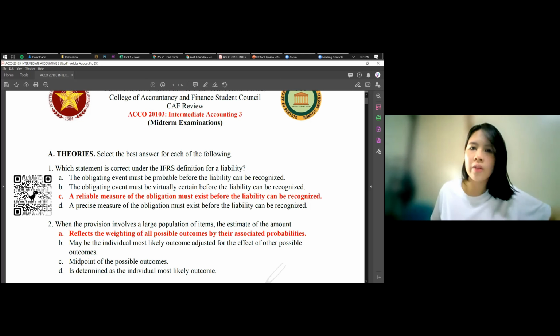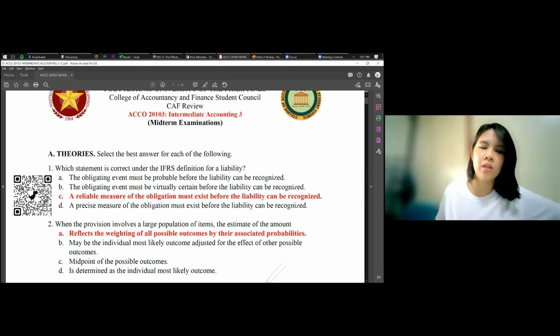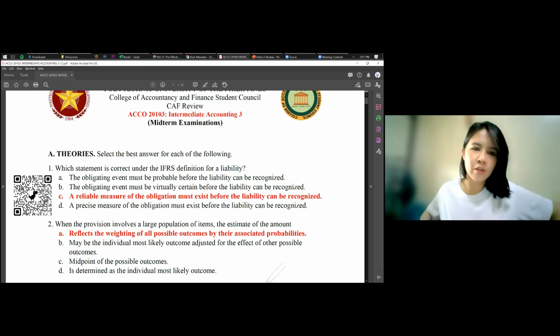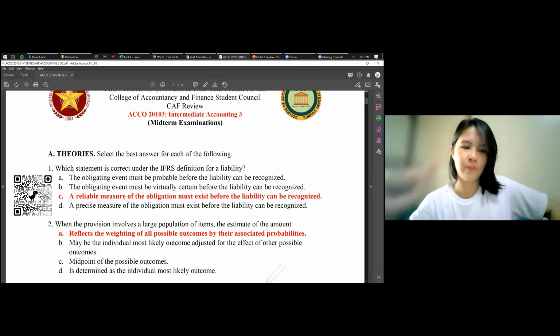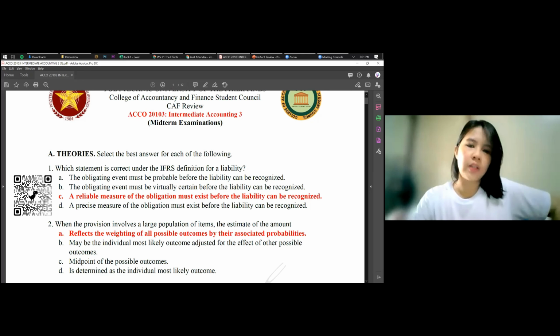And in accounting, remember our core principles na we should always consider the cost versus the benefit, diba? So we wouldn't use so much time to assess it individually, especially if there's a large amount of population or large amount of items. So definitely it's A. It's outrightly stated na rin sa module. So A, we weight all possible outcomes by their associated probabilities.